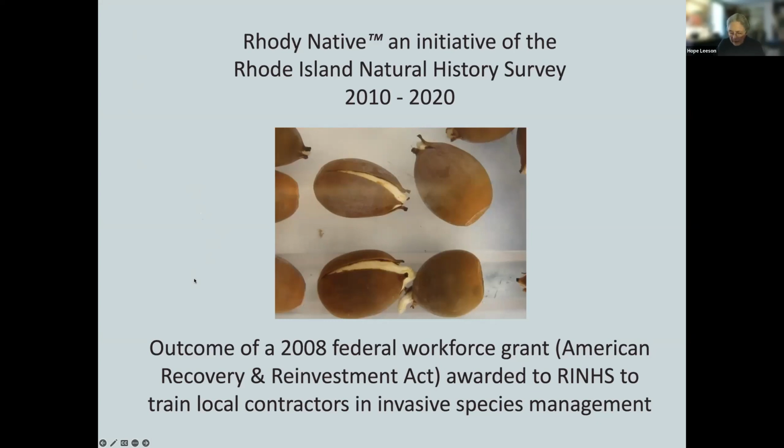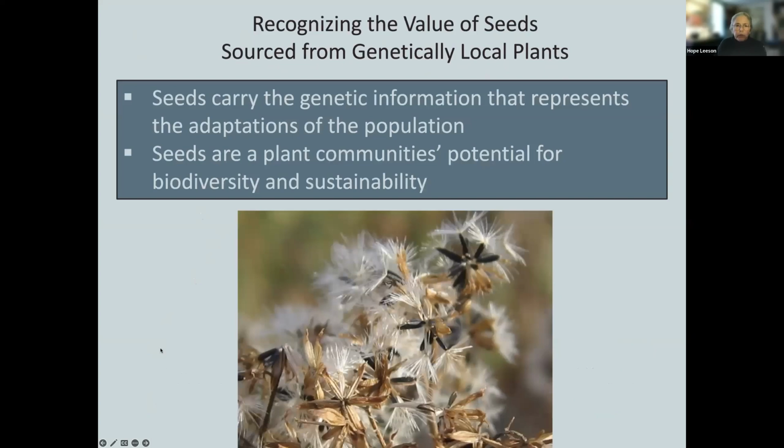An outcome of that, you could switch to the next one, was recognizing that some plant material had to replace what we were removing in order to fill in the gaps and try to prevent invasive species from reestablishing from seed.